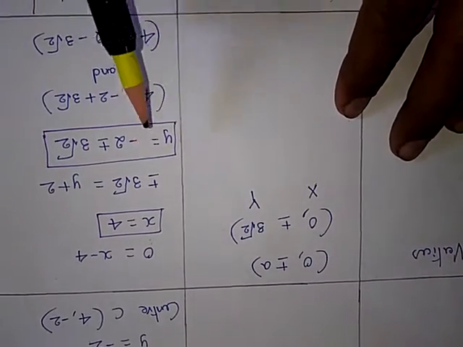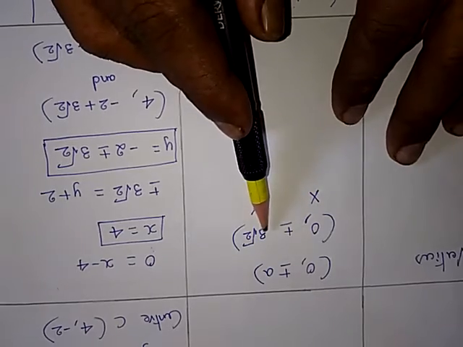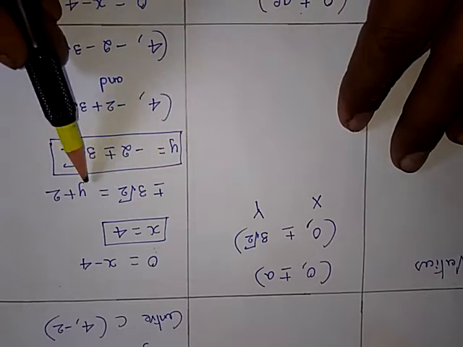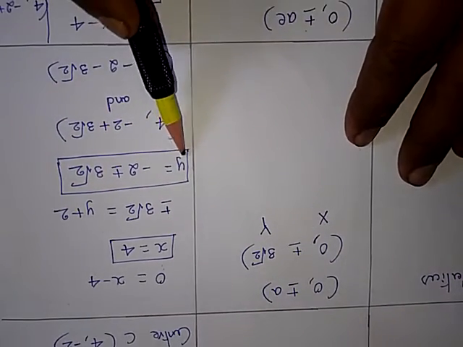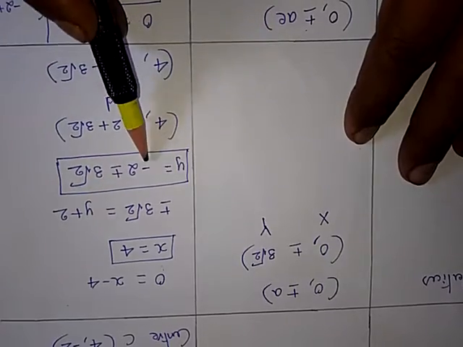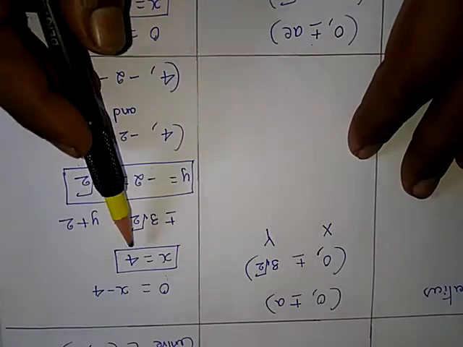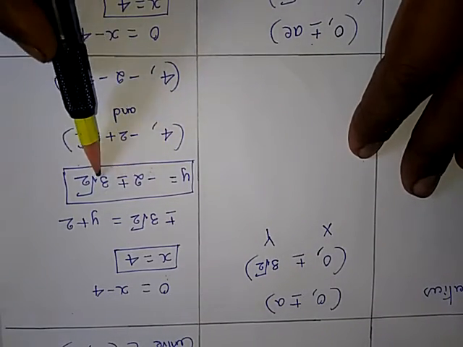So this capital Y is plus or minus 3 root 2. So plus or minus 3 root 2 is the capital Y, which is equal to y plus 2. Bring this plus 2 this side. So you will have minus 2 plus or minus 3 root 2. Now you have two values. First x is 4, first value is minus 2 plus 3 root 2.